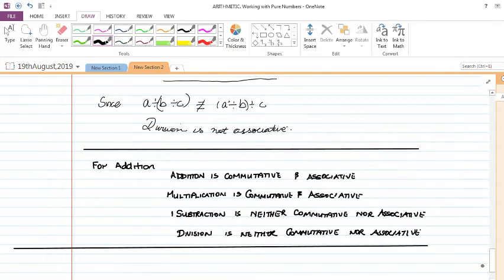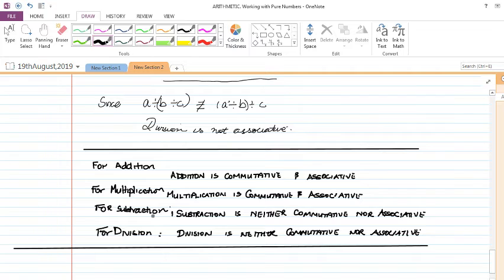Okay? Now, as for addition, this is for multiplication. This is the law for subtraction. That is for division.